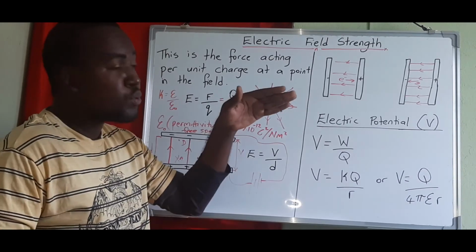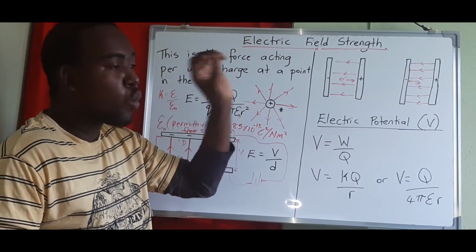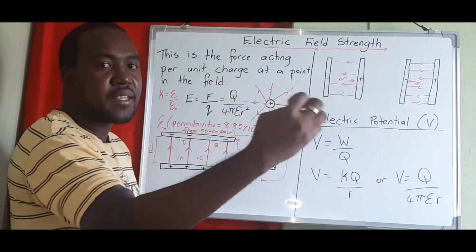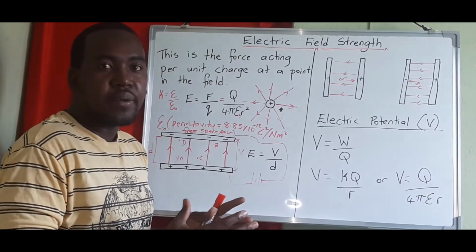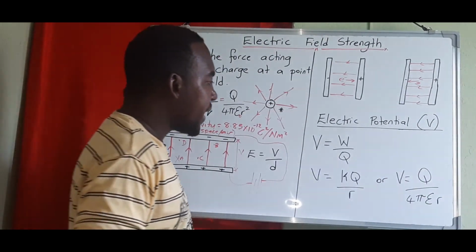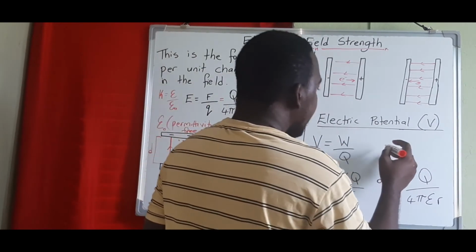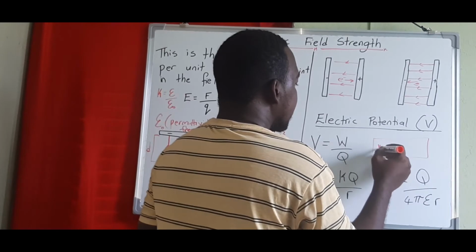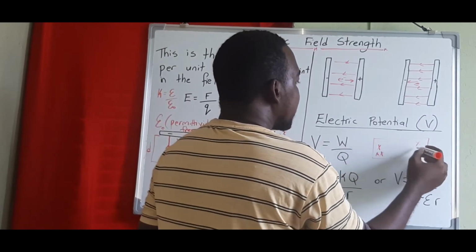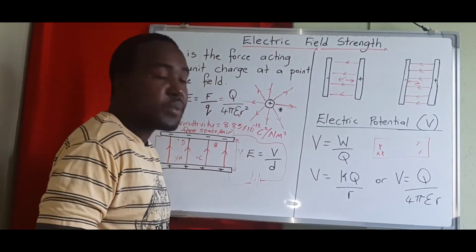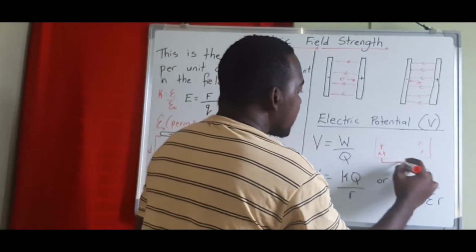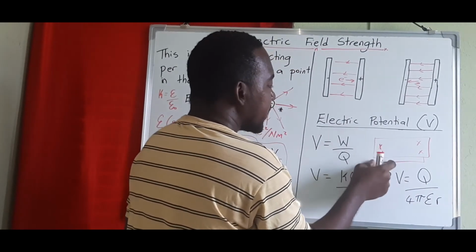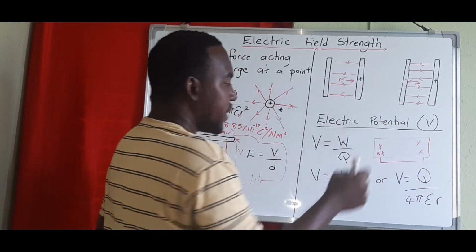Now, the electric potential, as we looked at here with this V, is the difference between the charge concentration at one point to that of the next point within a range. If we have a material that has its charge on one side and charge on the next, the potential difference is the difference between the charge amount here and the charge amount there.